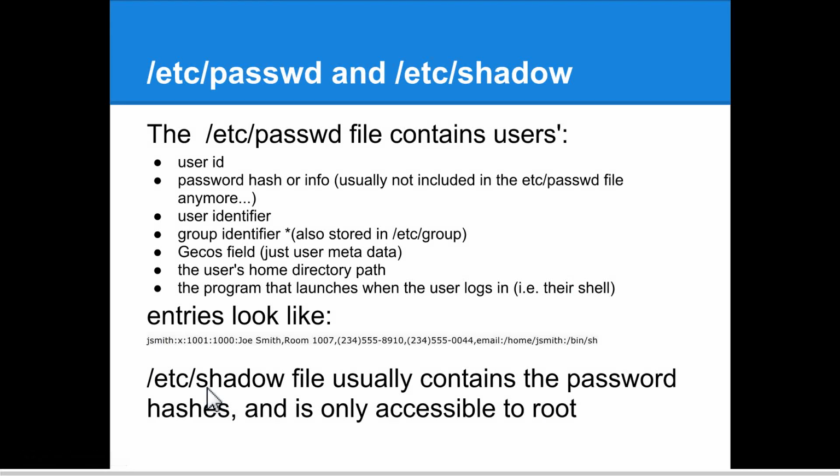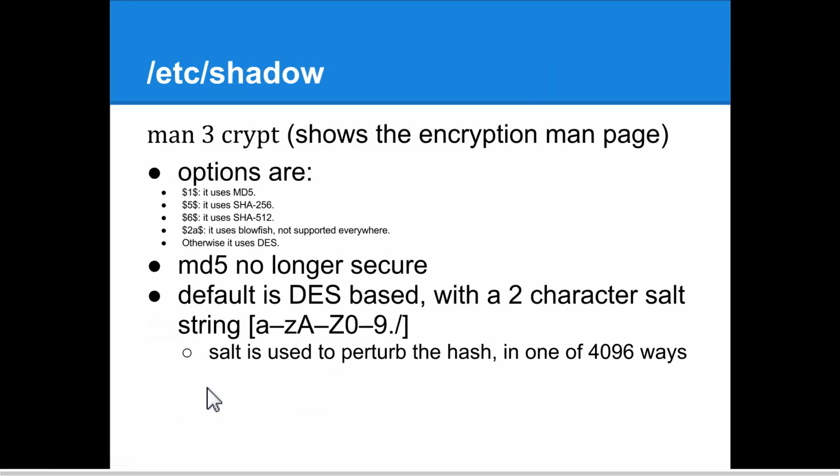It is stored in the /etc/shadow file, which has a number of encryption options. man 3 crypt is the command you use to look up the cryptographic hash function options for storing your hash. MD5 is no longer secure and has been insecure for a long, long time, though it is an option. The default is DES-based, and I believe it is option 5. No, sorry, this is the default. It can be set to 5 or 6, which is SHA-based. SHA is not DES-based.